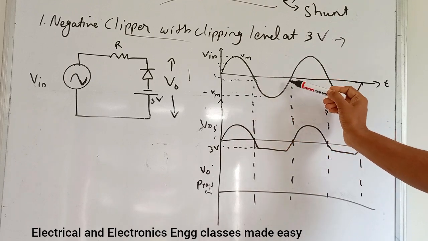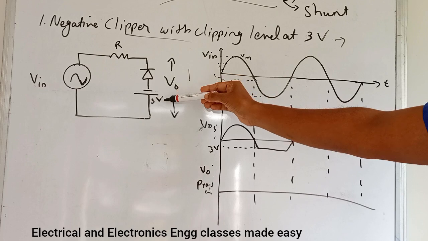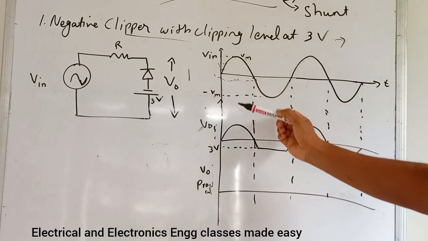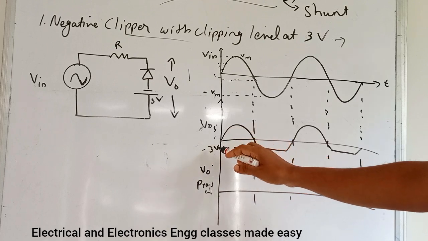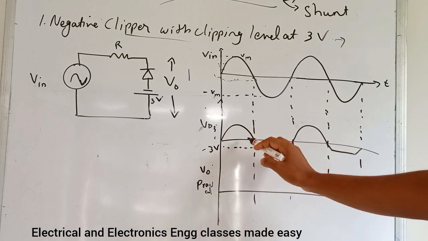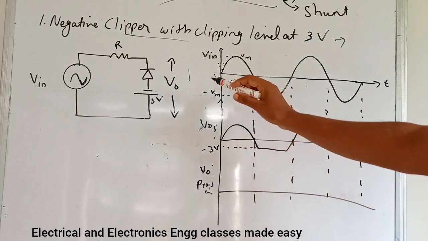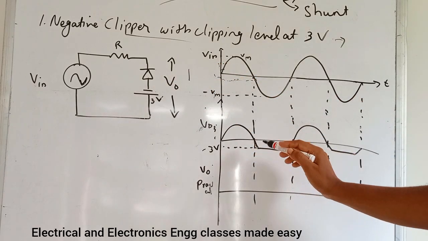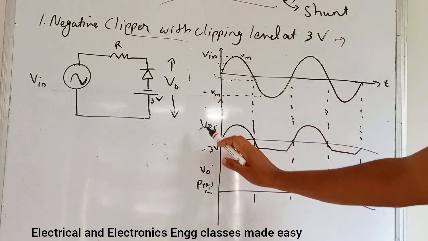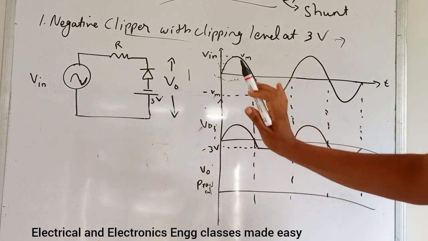Then during the negative half cycle, up to this 3 volt, that is when it will be greater than minus 3 volt in the negative direction, then only this diode will conduct. That is up to this minus 3 volt, the diode will not conduct.